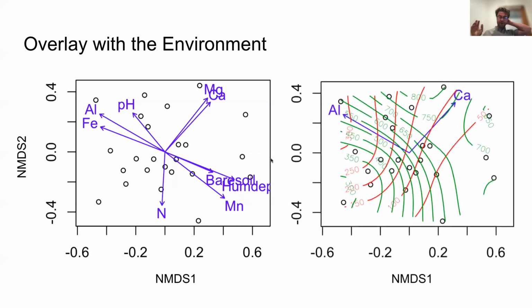You can even go further, and this is kind of wacky because this is actually a generalized additive model superimposed over this surface. So what we're looking at now is if we just separated out aluminum and calcium from this plot, it's the same plot.